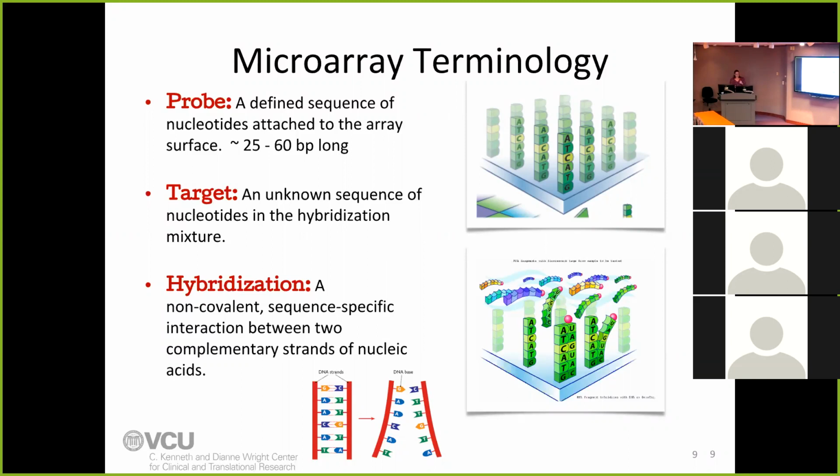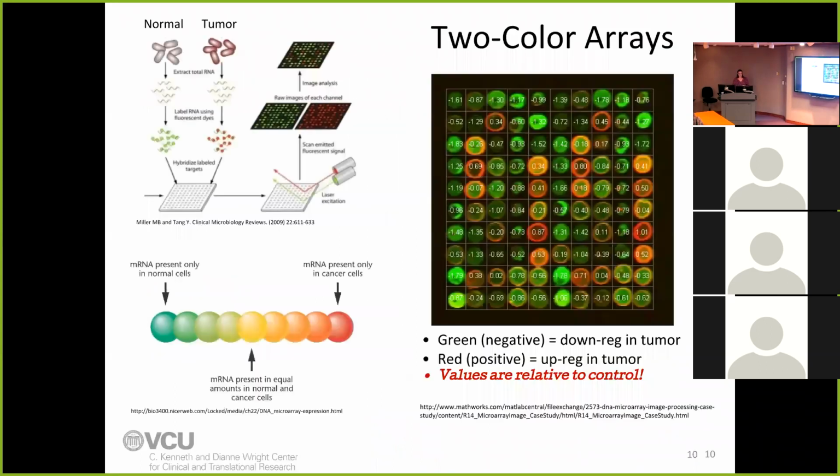So with DNA, guanine always binds with cytosine, and adenine always binds with thymine. And so it's very sequence specific. In that way, these areas of the probe can target specific genes that you're looking for.